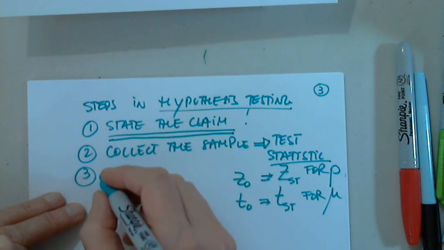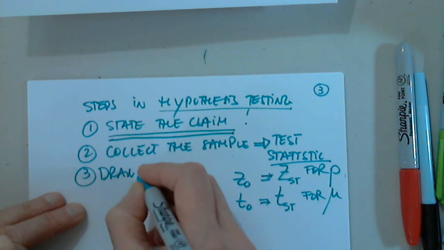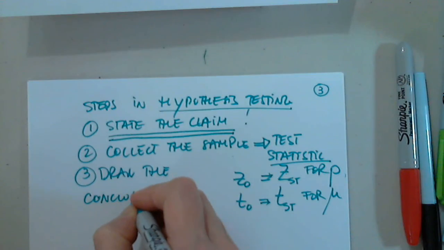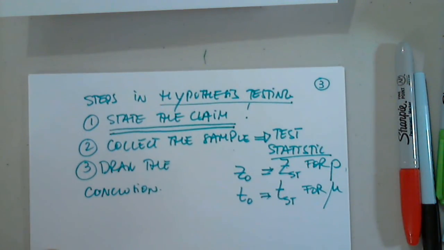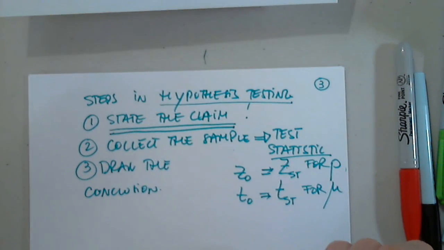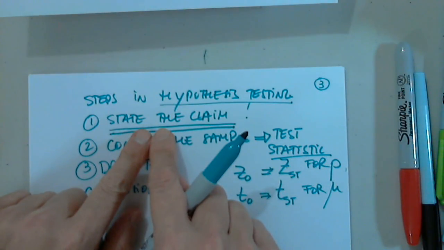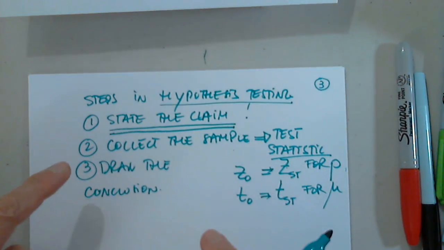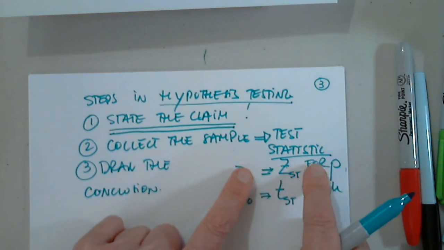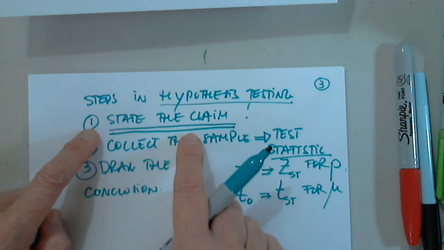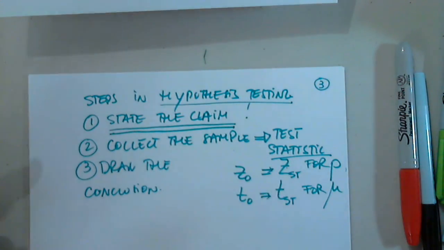And finally, I draw a conclusion. In other words, what will be the conclusion? Either my claim was supported by the information coming from the sample, or it was not, because I didn't know, right?